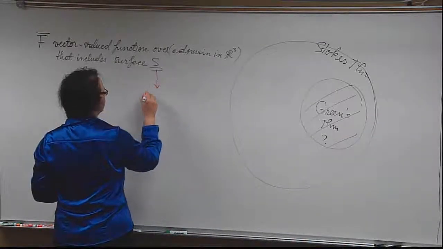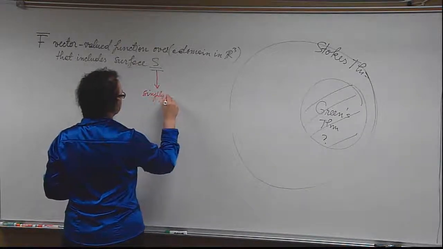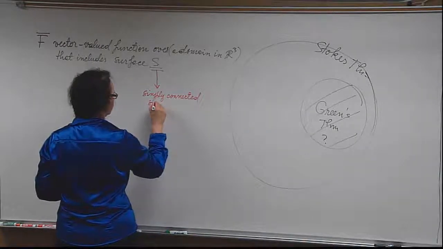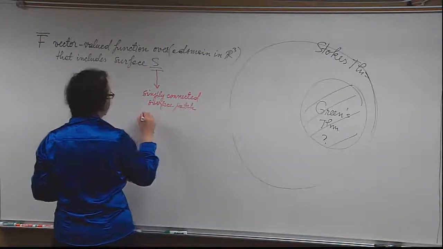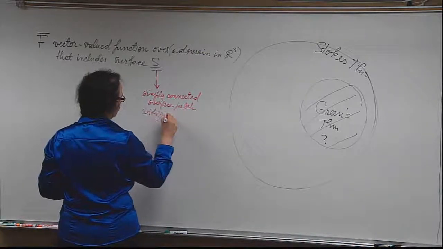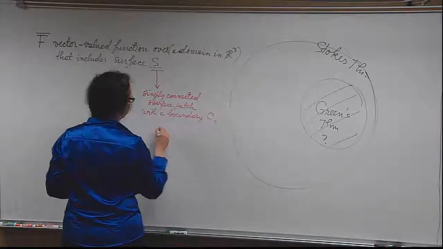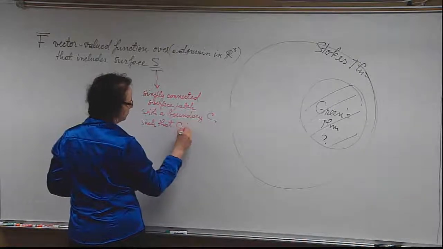We don't say much about the surface S because we try to avoid the terminology, but you guys should assume that this is a simply connected surface patch with a boundary C, such that C is a Jordan curve.